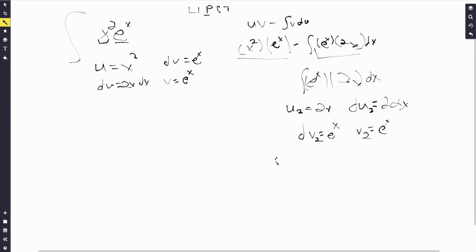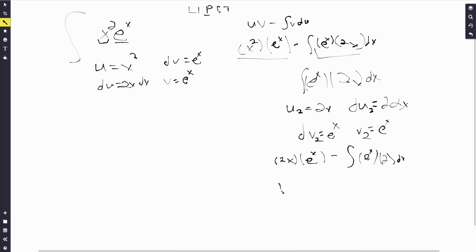So we know the u value is 2x, the v value is e to the power of x, minus the integral of v e to the power of x du, which is 2 dx. Okay, now this is easier for us to integrate.